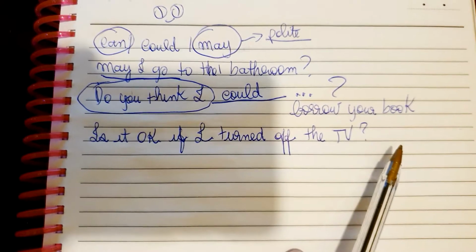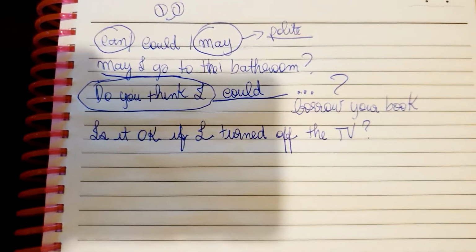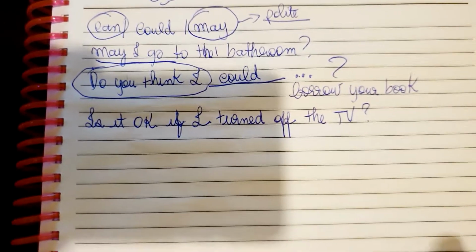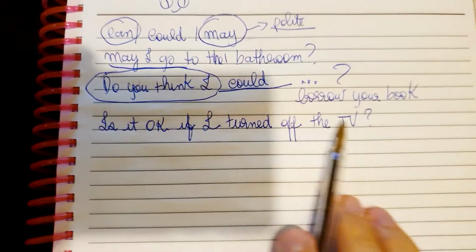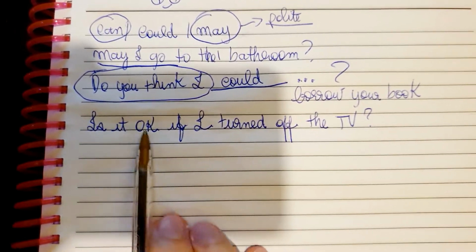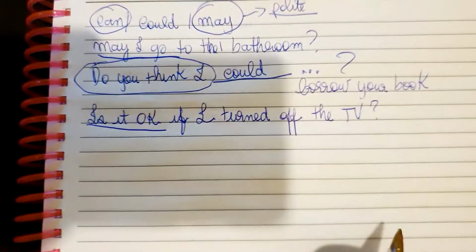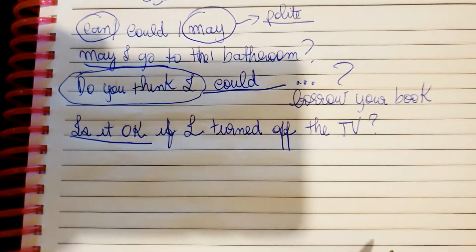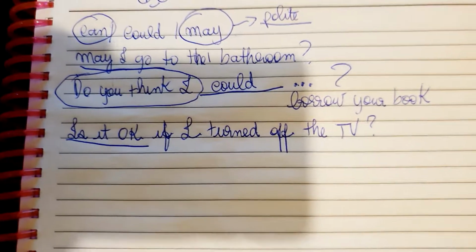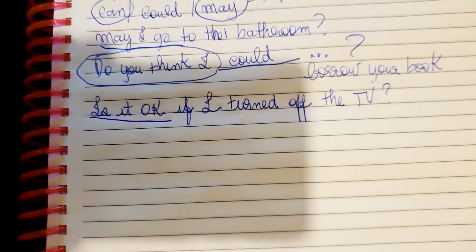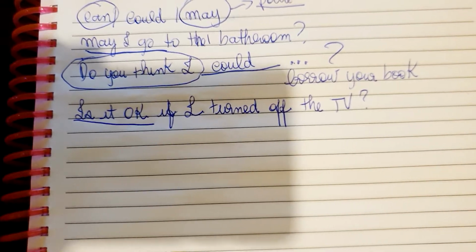And you can't study with noise, and you need to concentrate on the task, and you ask your parents if it's okay to turn off the TV. So you ask, is it okay if I turned off the TV? Right? You can use this expression to make questions, to ask to do something.